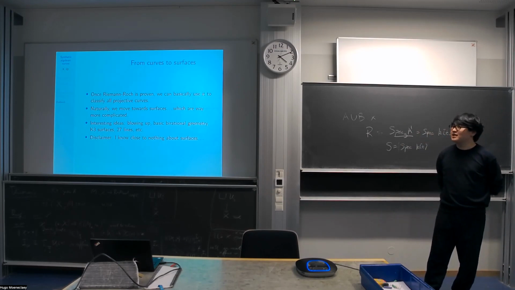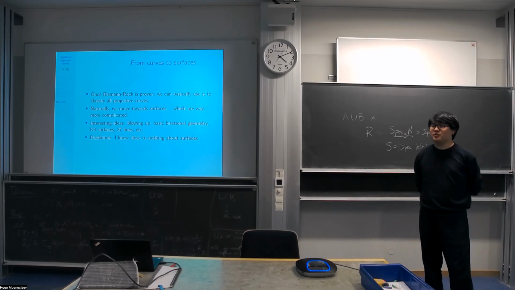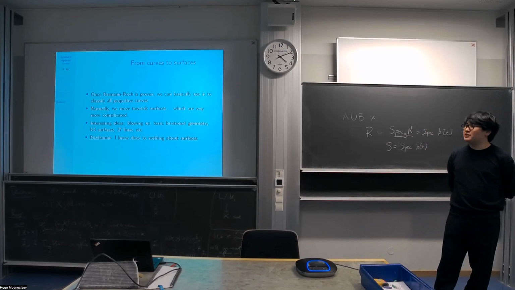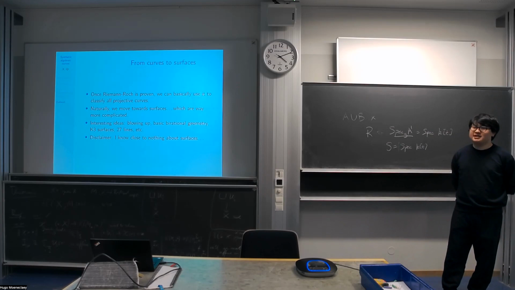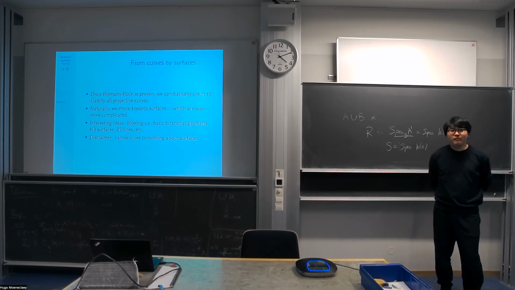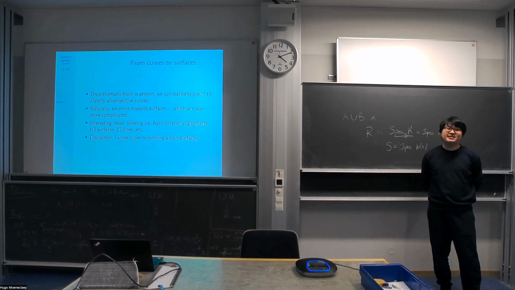Interesting ideas might include blowing up, some basic birational geometry of surfaces, and also the classic result that there are 27 lines on a cubic surface, which seems to be a pretty concrete result, but requires a lot of computations.